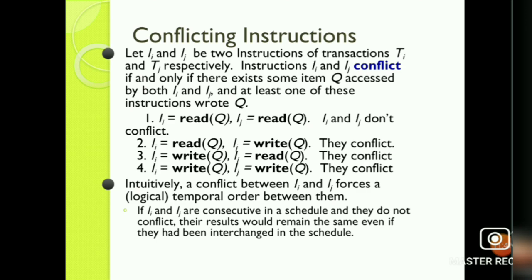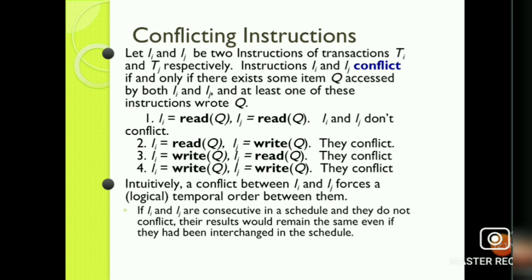Let us assume Ii and Ij are two instructions, where Ii is an instruction of transaction Ti and Ij is an instruction of transaction Tj. Instructions Ii and Ij are called conflicting instructions if they follow any one of these.